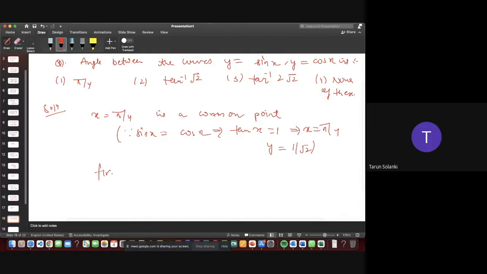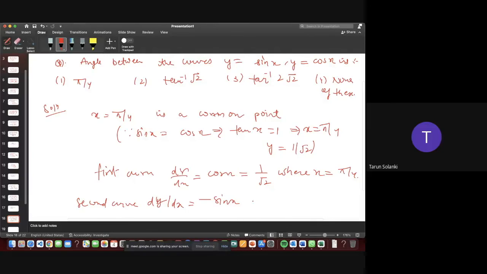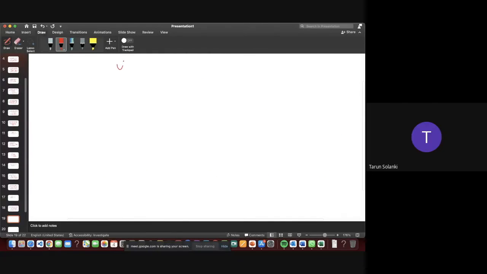So for the first curve, dy by dx is cos x, which is 1 by root 2 where x is equal to pi by 4. For the second curve, dy by dx is equal to minus sin x, which is minus 1 by root 2. So solving, tan theta will become (1 by root 2 minus of minus 1 by root 2) divided by (1 plus 1 by root 2 times minus 1 by root 2).